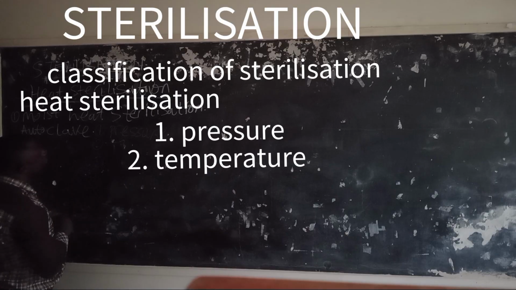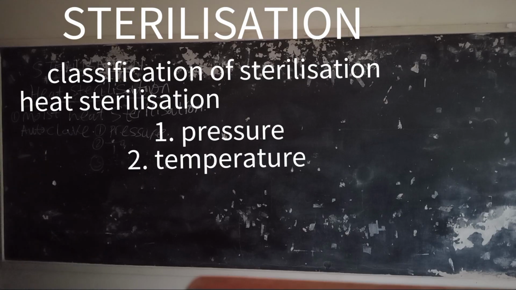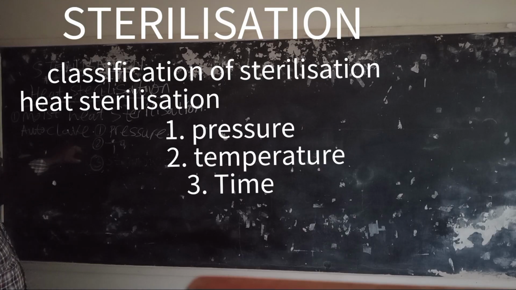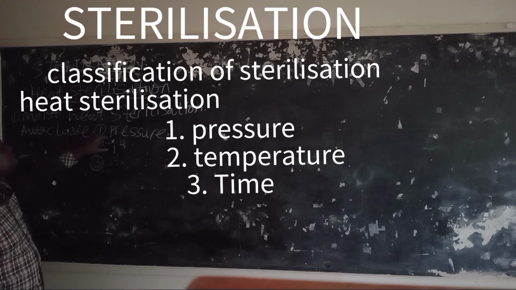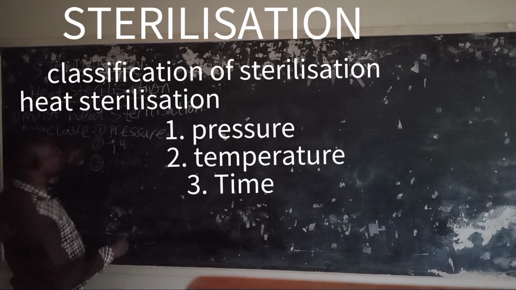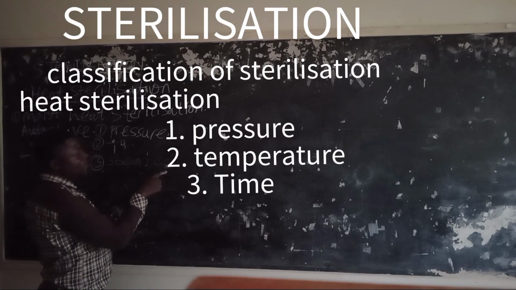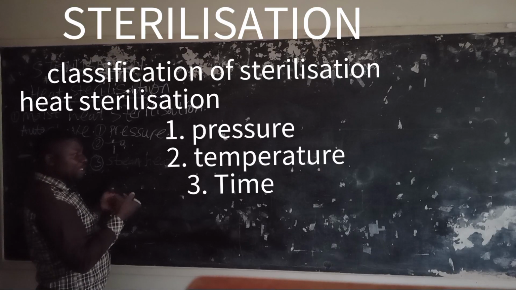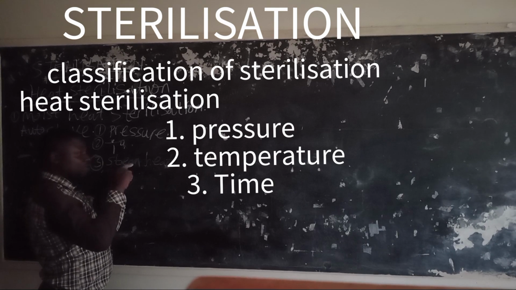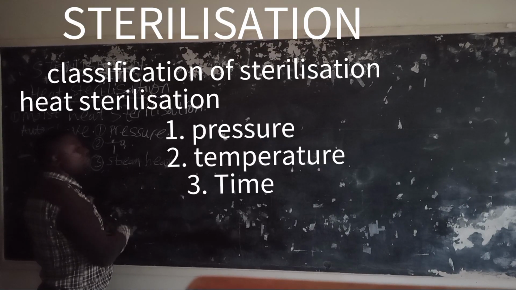Three, time. So the way an autoclave works, we want to get the temperature. Usually we use water, and this water is used to create steam, and we use the steam to sterilize the microorganisms.